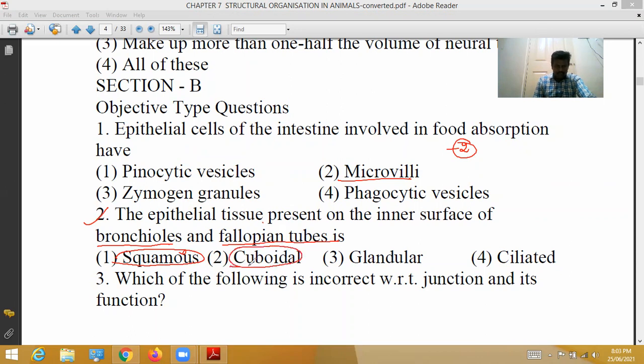Cuboidal epithelium and glandular epithelium are also not present. Ciliated columnar epithelium occurs on the inner surface of hollow organs like the fallopian tube and most of the respiratory tract, that is, bronchioles. So for the second question, the fourth option is correct.